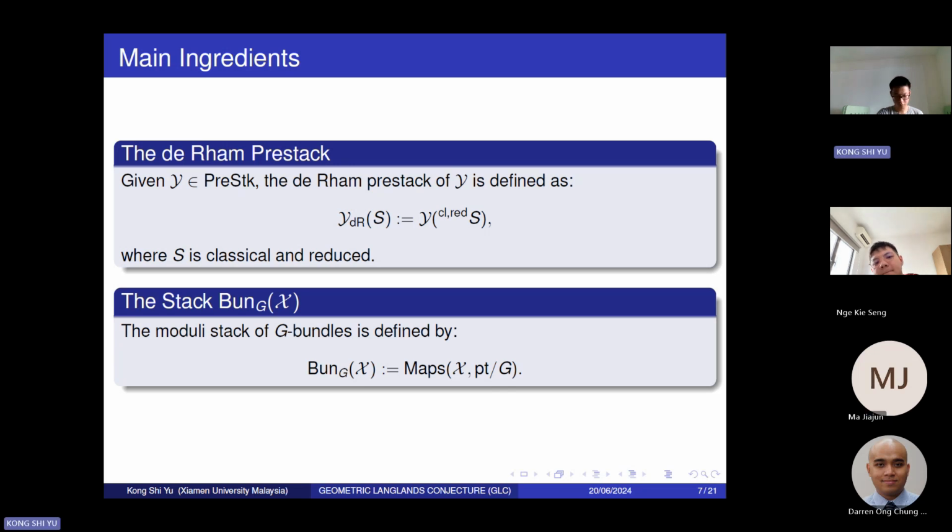One of the simplest I can think of is the complex number space with the zero deleted. Yes, this is G_m. So what is Bun_{G_m} of X where X is a point? This is a set. So what is this set?